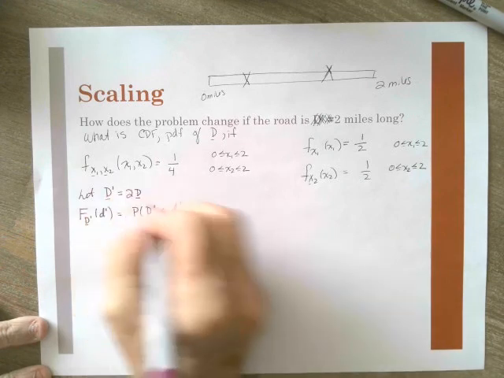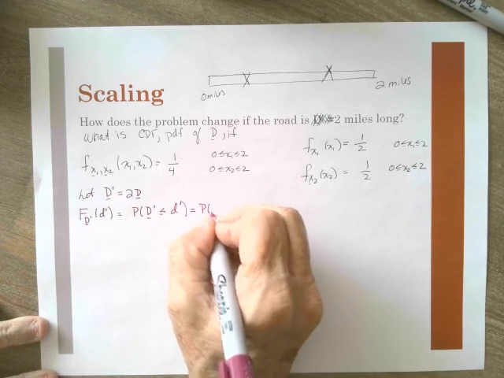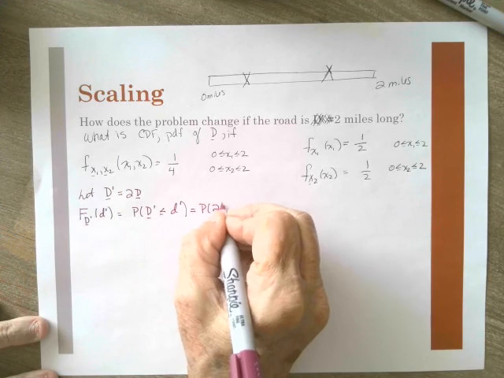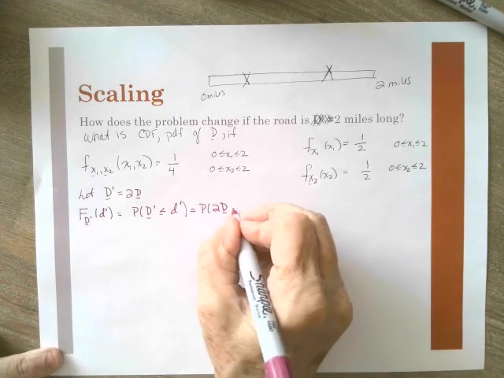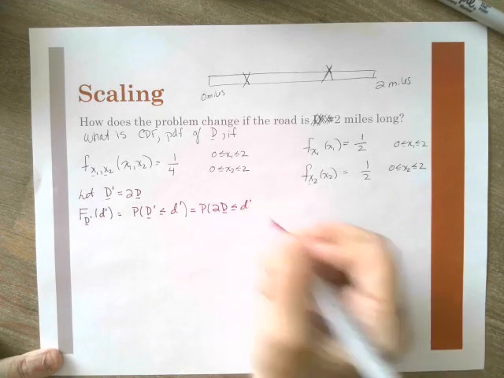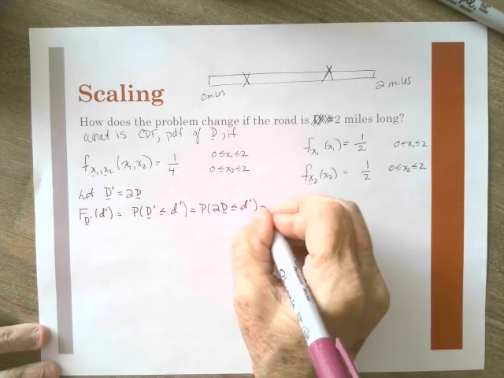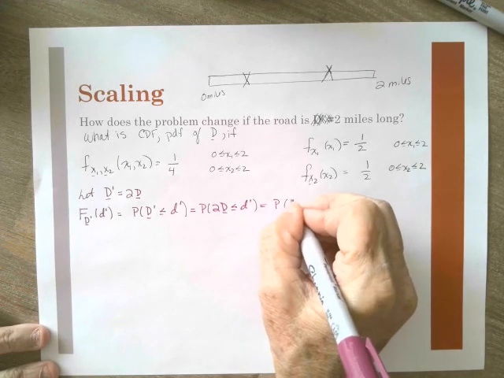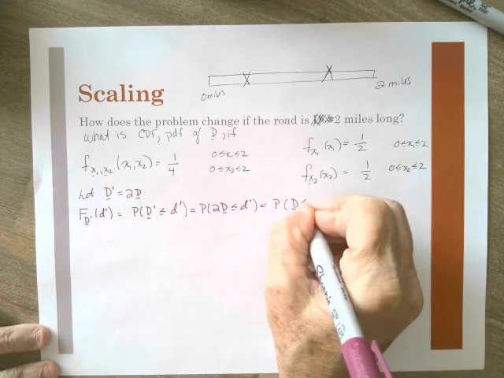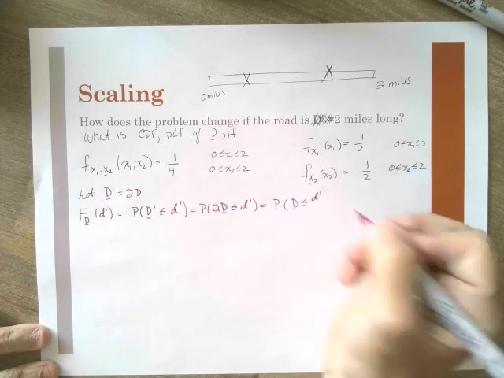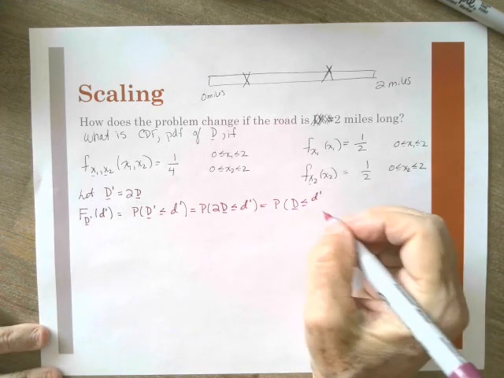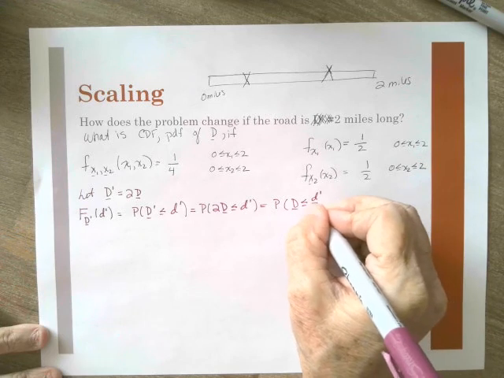is just the probability that d prime is less than or equal to a specific value of d prime. Now I'm just going to substitute in here, which is the same thing as the probability that 2 times my old d is less than or equal to d prime, which is the probability that my old random variable d is less than or equal to d prime divided by 2.